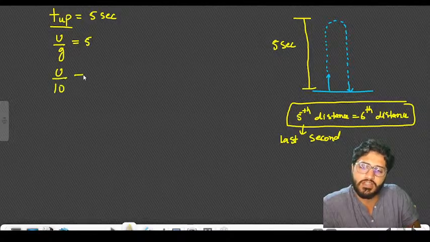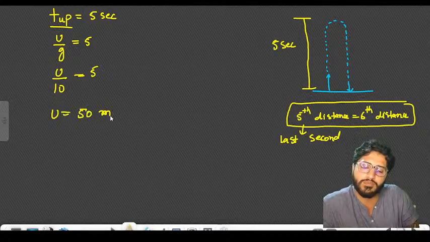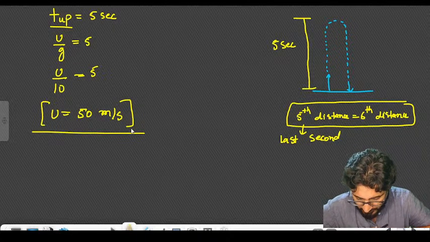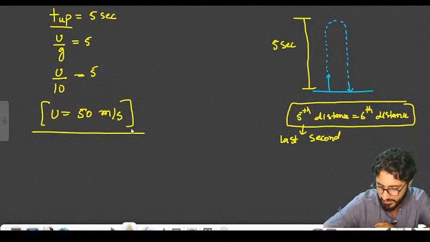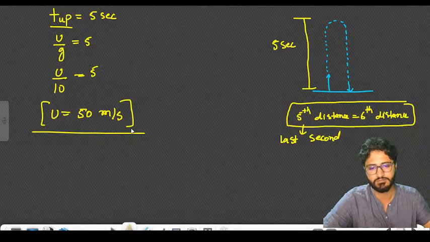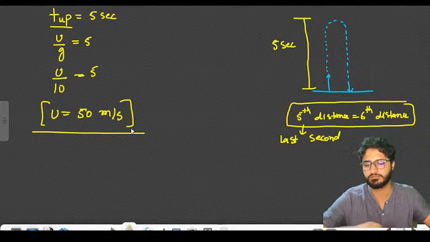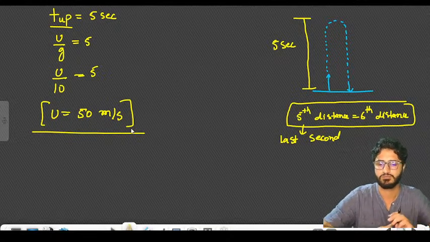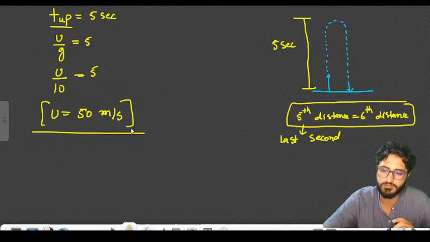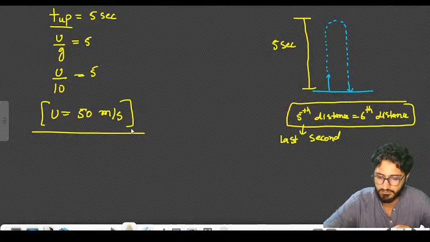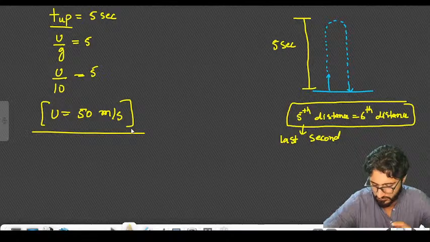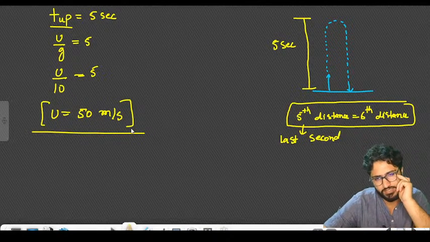G is 10, so U is 5 into 10, 50 meters per second. Now, is this done? Any confusion now, beta? Think about it, and if you still have a doubt, you can ask me.